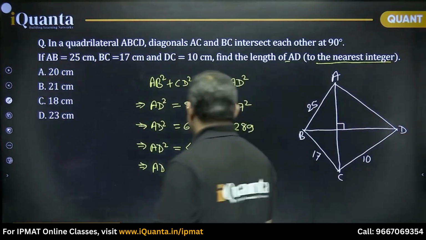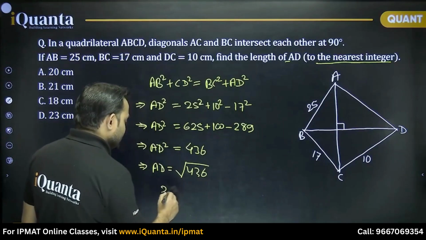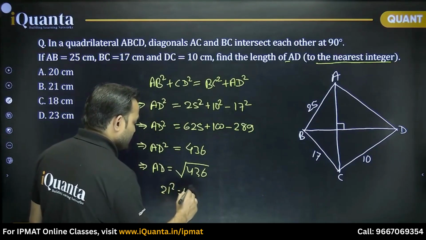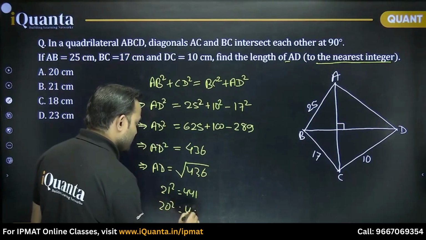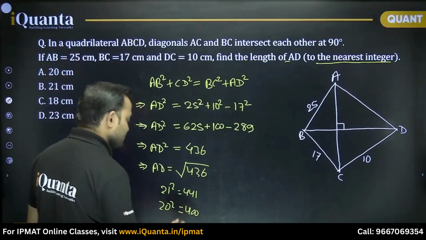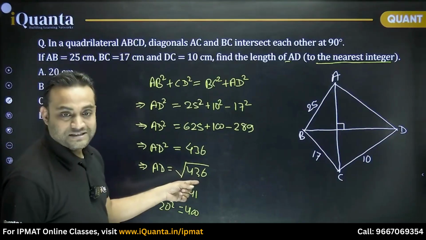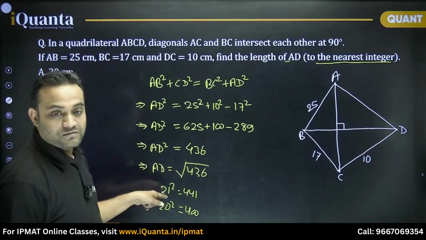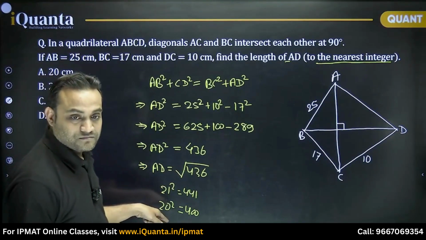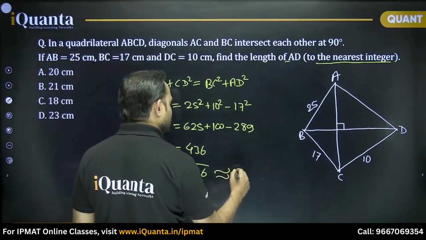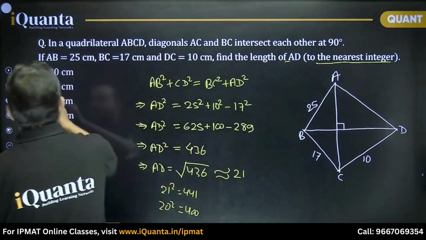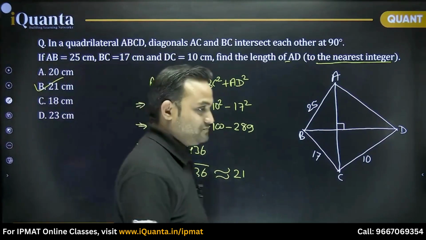Now think about this. 21 square is equal to 441 and 20 square is equal to 400. Can we say that the square root of 436 will be closer to 21 rather than 20? Okay, so we can say this is closest to 21 and our answer is option B.